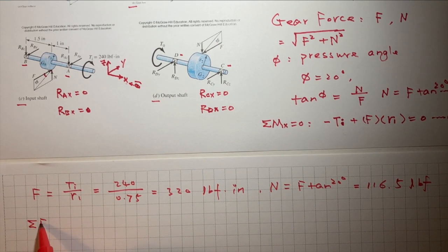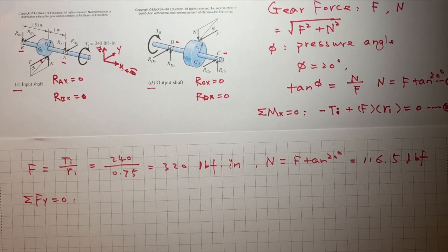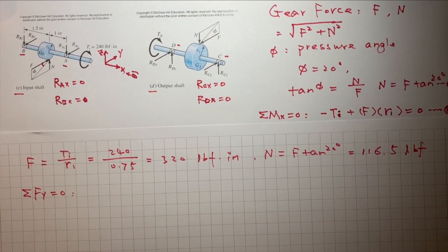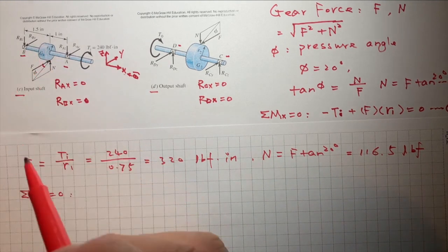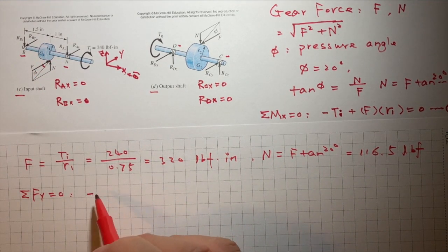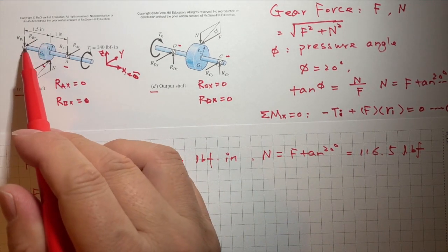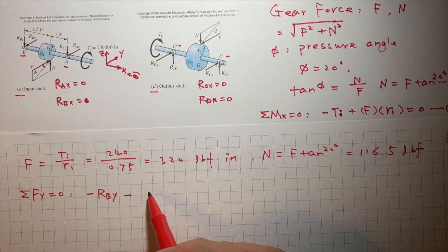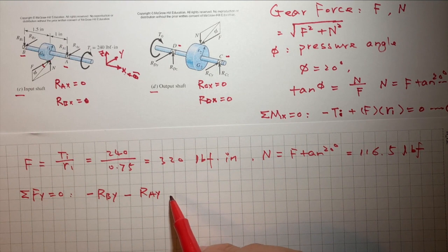You can use force balance in the y direction. Let's look at the y direction. The y direction is horizontal. We have minus RBY, negative y, minus RAY, negative y, and F is positive.